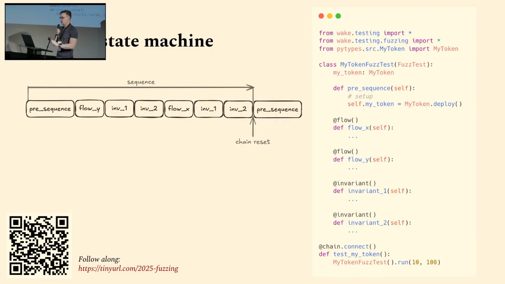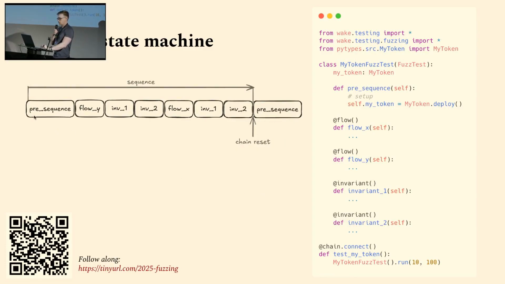So the fuzzer sees all the flows defined in the class, and then it randomly picks one of those flows. So there are only two flows, so there's 50-50 chance which one will be chosen. It will be executed by the fuzzer again automatically. And after each flow, there will be all the invariants checked, executed, to make sure that we didn't break any of those invariants. And this is visualized basically in this diagram.